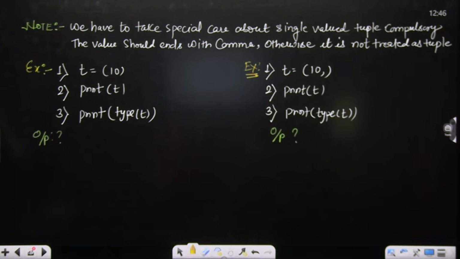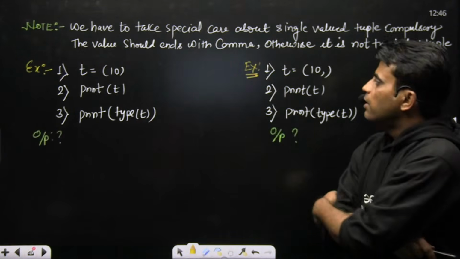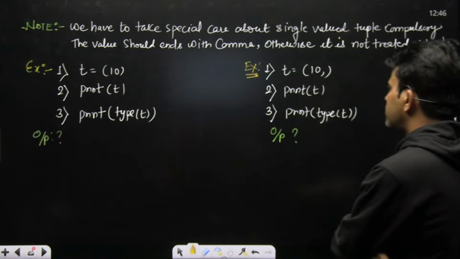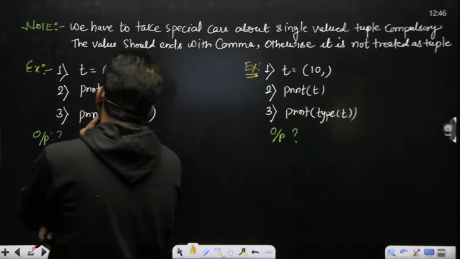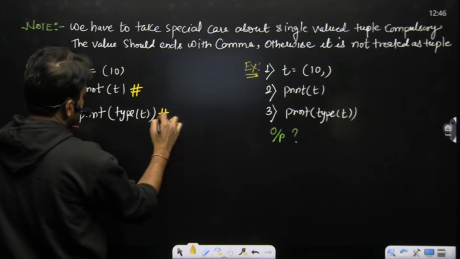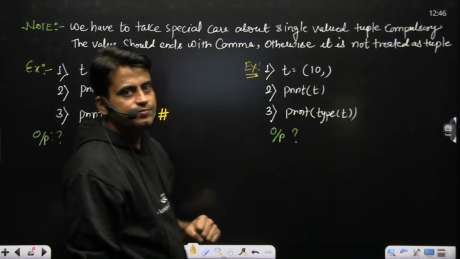Dear student, we have to take care, a special care about a single-value tuple. Compulsorily, the value should end with a comma. Otherwise, it is not treated as a tuple, right? For example, if I want to print it, what does it print, student? Yes, everyone reply.